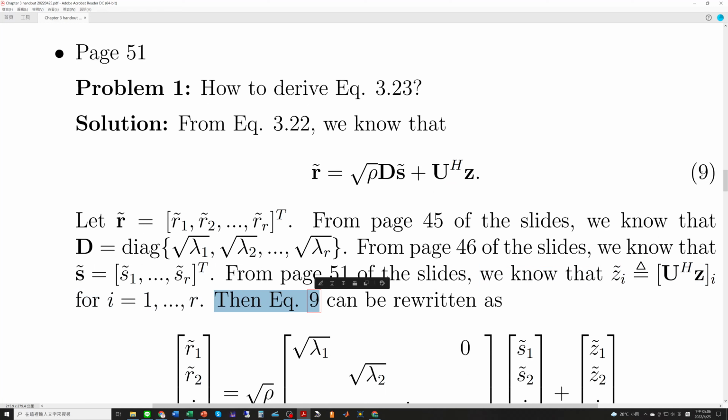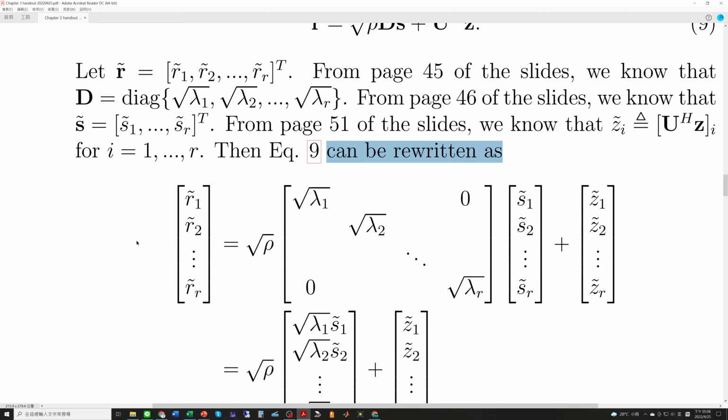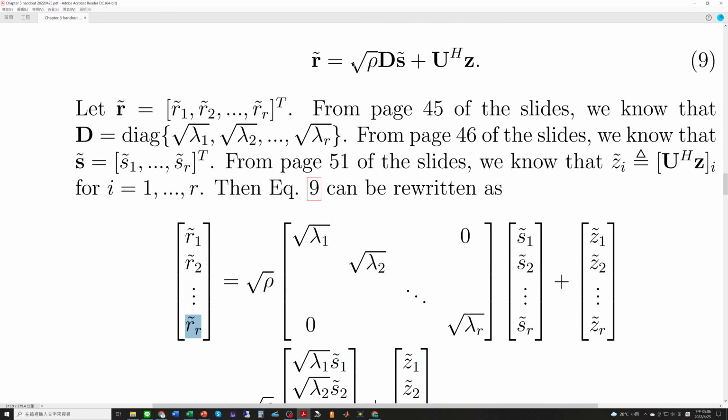Then this equation can be rewritten as follows. First, R tilde is equal to this vector, R tilde 1 and R tilde 2 to R tilde R. And R tilde is equal to the square root of rho times D, where D is a diagonal matrix with diagonal elements the square root of lambda 1, the square root of lambda 2, to the square root of lambda R, and the off diagonal elements are all equal to 0.